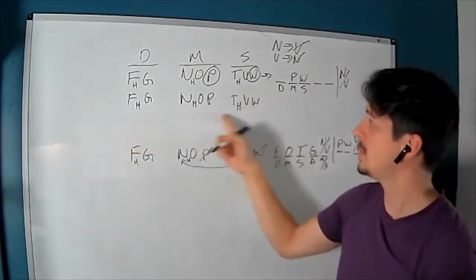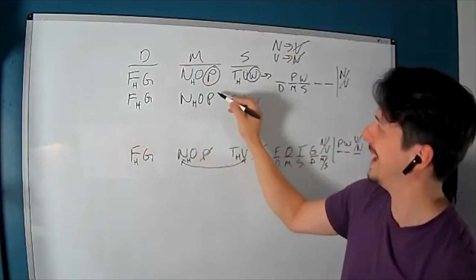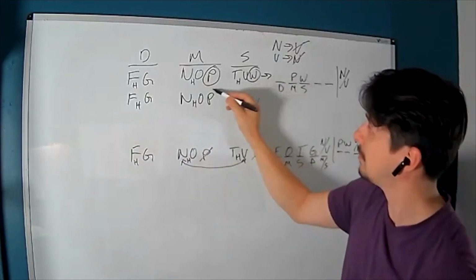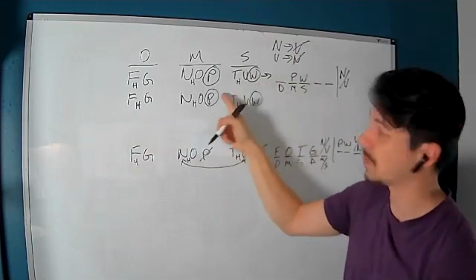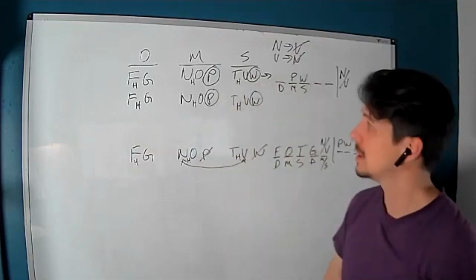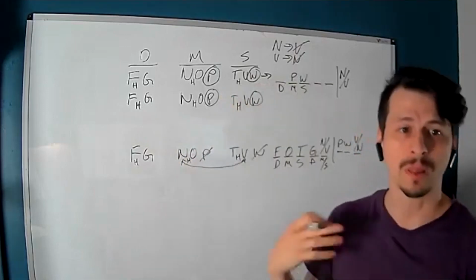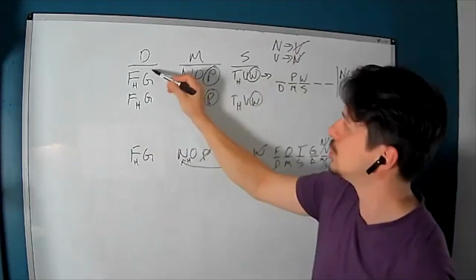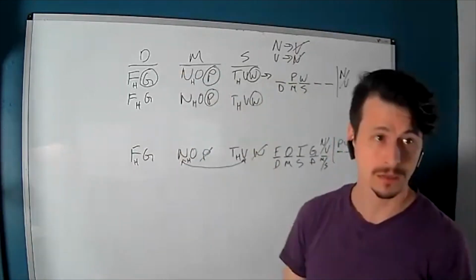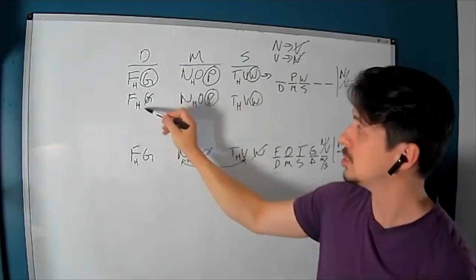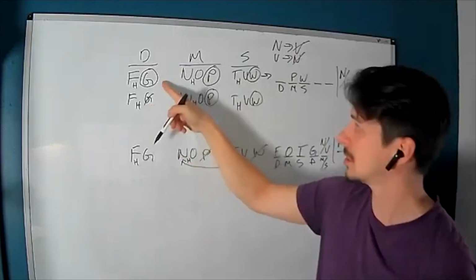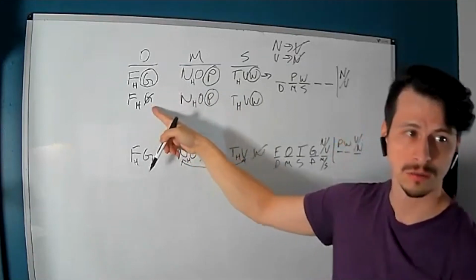So I copy down all the things. Then I also copy down P and W because that's the world that we're in, right? Now I apply the rule. Either G is selected or G is not selected. Circle slash, right?